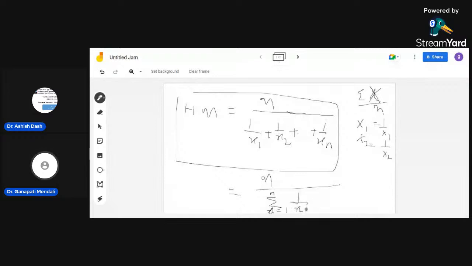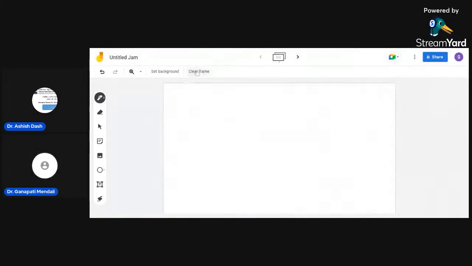So if we have some figures like the earlier example, 10, 100, 1000, 10,000, 1 lakh, the harmonic mean formula has n equal to 5. Again we'll take 1 by 10,000 and so on, and 5 by all these things.